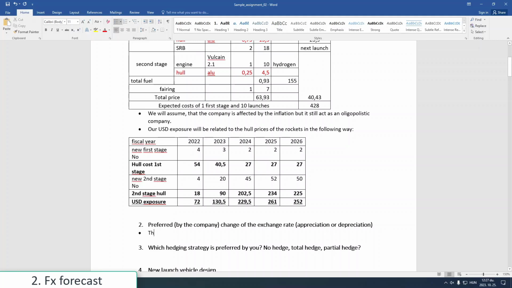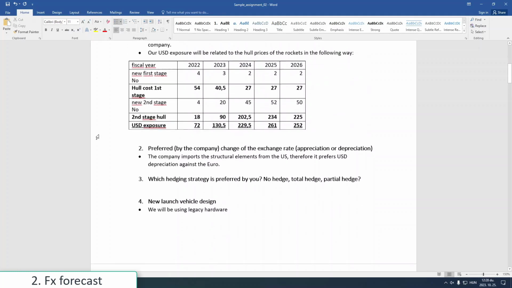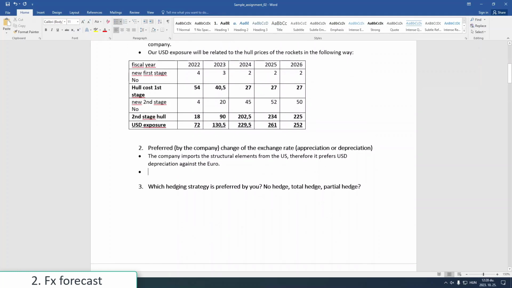The company buys the structural elements from the US, so it prefers USD depreciation against the euro. Okay, can we see this?